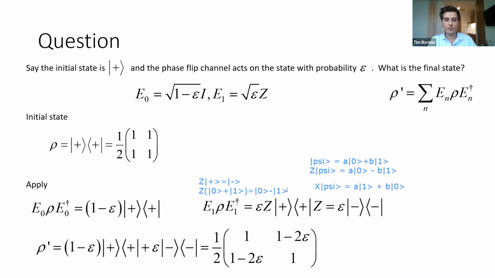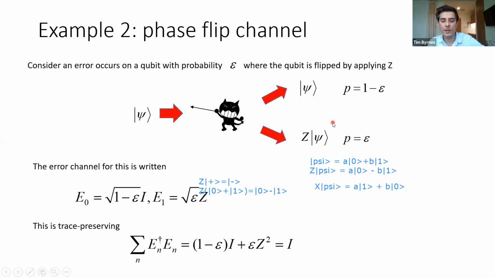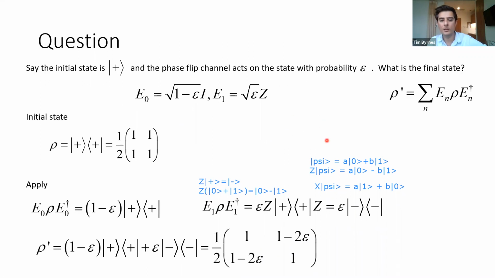So that's just equal to the minus state, right? So these are the 2 cases that we are talking about. The first case is when nothing happens. The second case is when the Z error occurs.